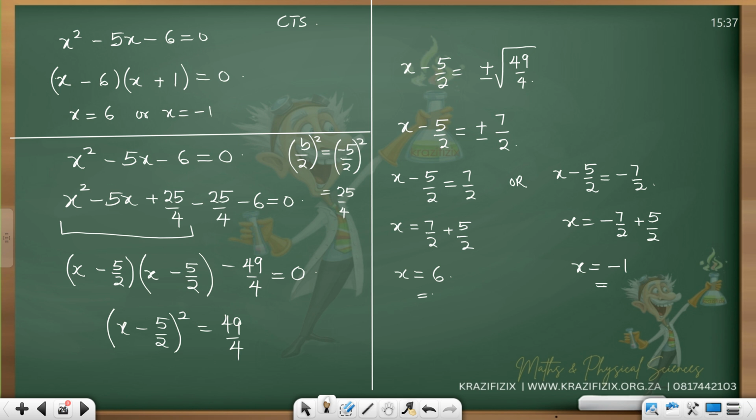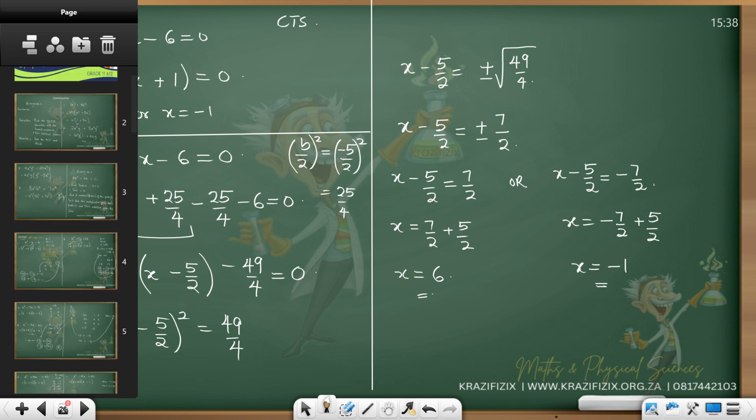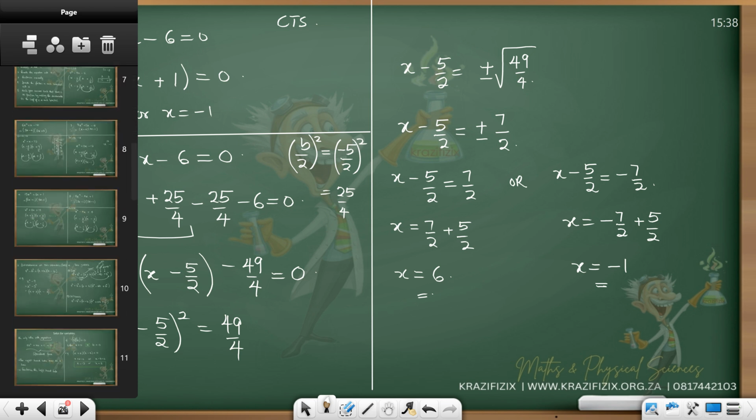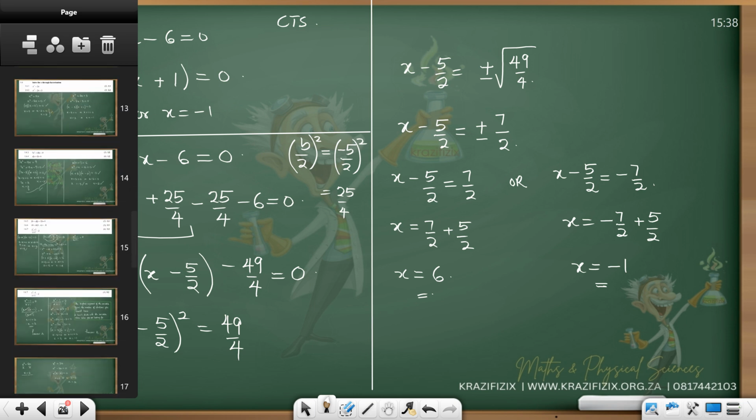Okay. Come, guys. Let's work out something here. Let's look for one where we have something in front of the x. We did some yesterday. I want to pull one of the ones we did yesterday. I want us to use completing the square.